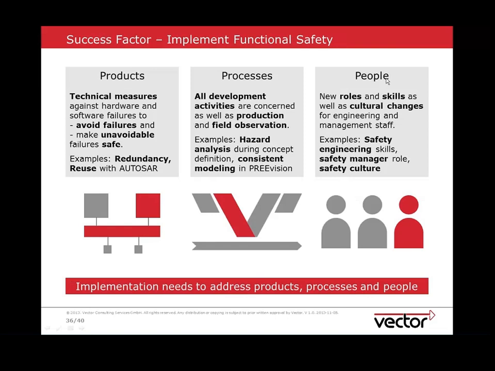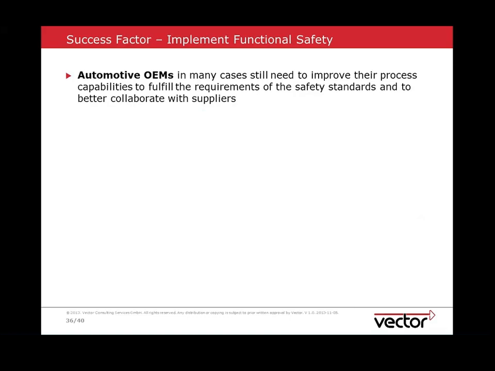For instance, we still sometimes see dedicated safety teams which run more or less in parallel to the regular development, like in the old days, the quality teams, which obviously is not the best organizational layout, because that always provokes people to say, well, our safety engineers will govern the safety principles and will help us. We strongly recommend including safety as an integral part of normal project management, rather than putting it in fully separate teams which occasionally audit the processes, which is typically much more time-consuming and ineffective.